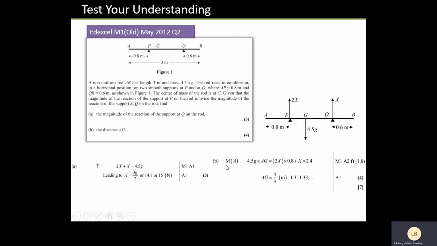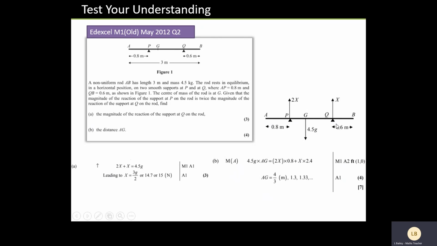And for part B, the distance from A to G. On part B, they've taken moments about A, so they've shown that as the M for taking moments and the thing that you're pivoting about inside the brackets. Then we've got clockwise moments. We've got force of 4.5 G, the distance from A to G. You've got force of 2x, a distance of 0.8.